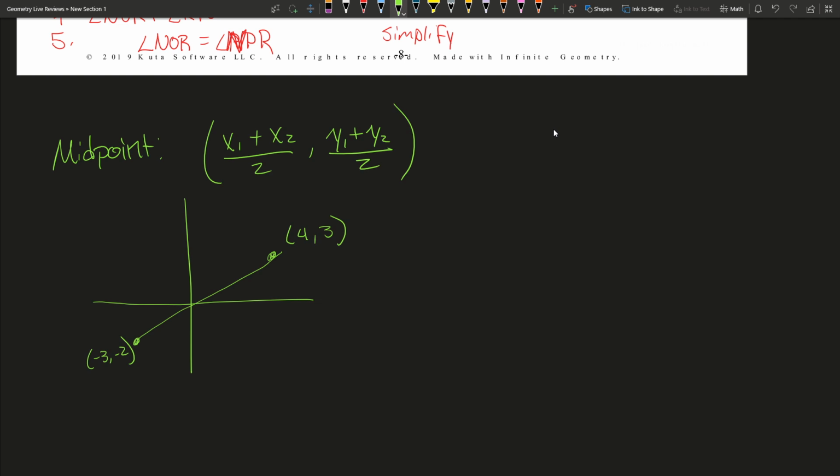All right, midpoint. Midpoint is the average in the x values and the average in the y values. So all you do is plug it into this formula. There's really nothing more to it than that. You're trying to find the middle point on this line, which is the middle in the x and the middle in the y, right?